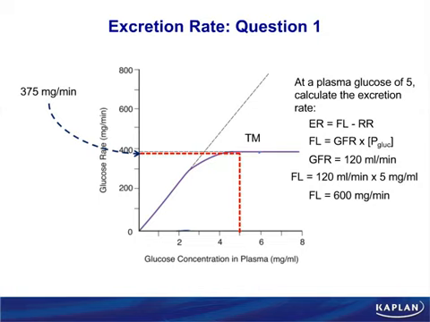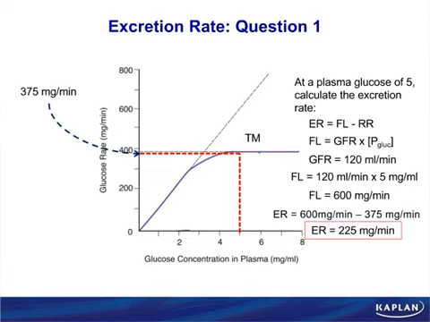So now the excretion rate is going to be 600 milligrams per minute minus 375 milligrams per minute. The excretion rate will come out to be 225 milligrams per minute.